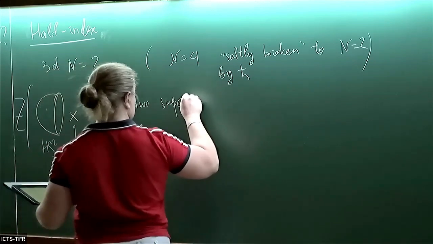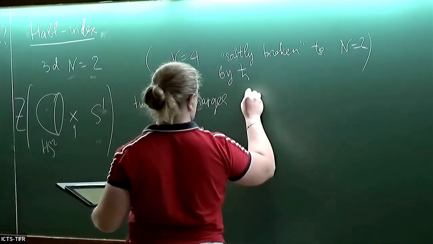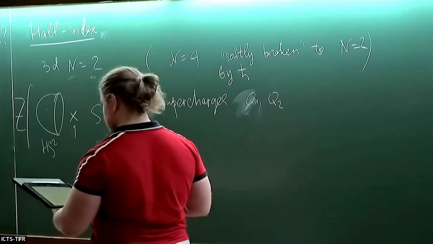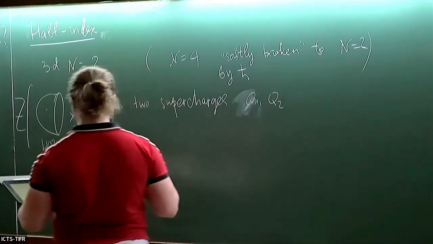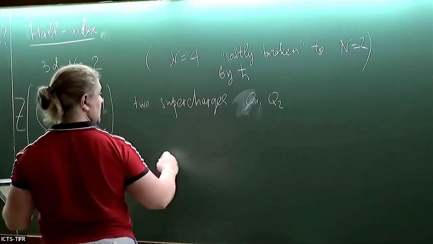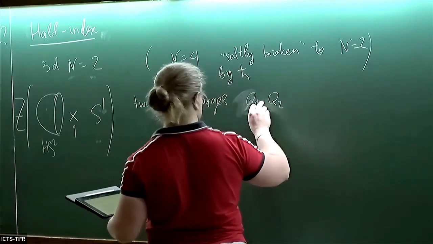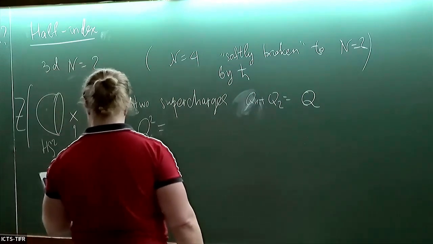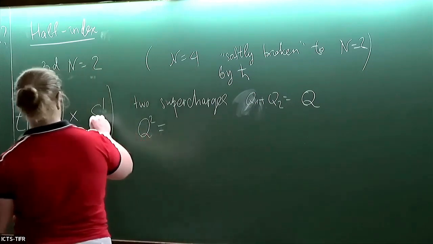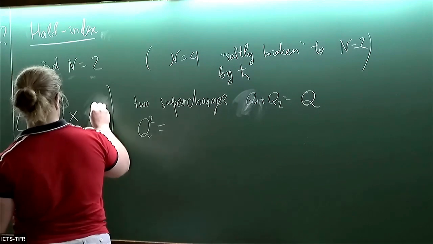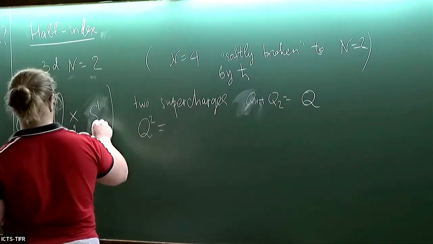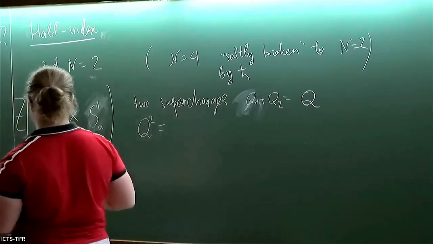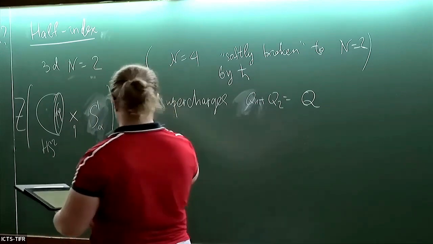Call them Q1, Q2. And I can consider their sum, which I'm going to call just Q, and this Q squares to, if I denote the angle parameterizing this circle by an angle alpha, and denote this angle phi on the hemisphere, then it's going to be just a certain rotation.